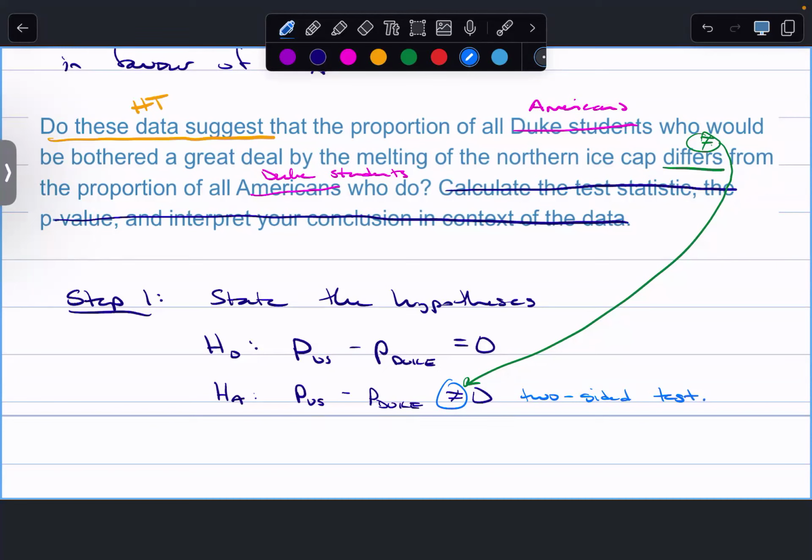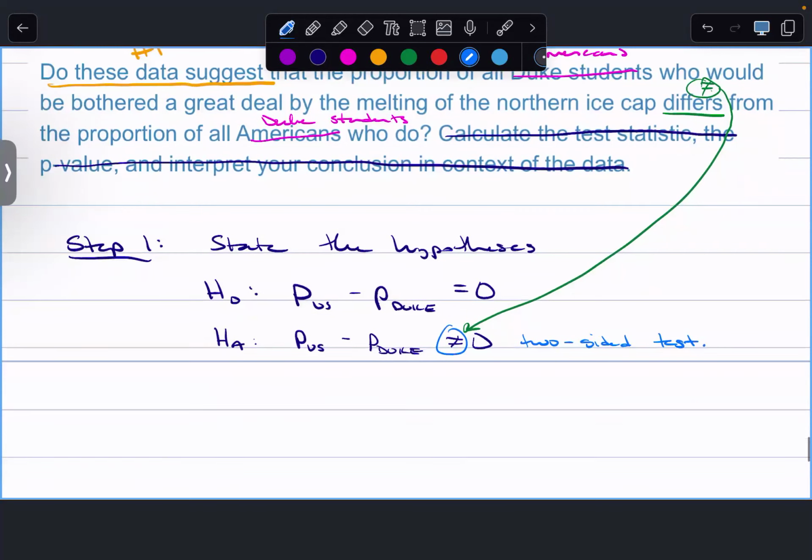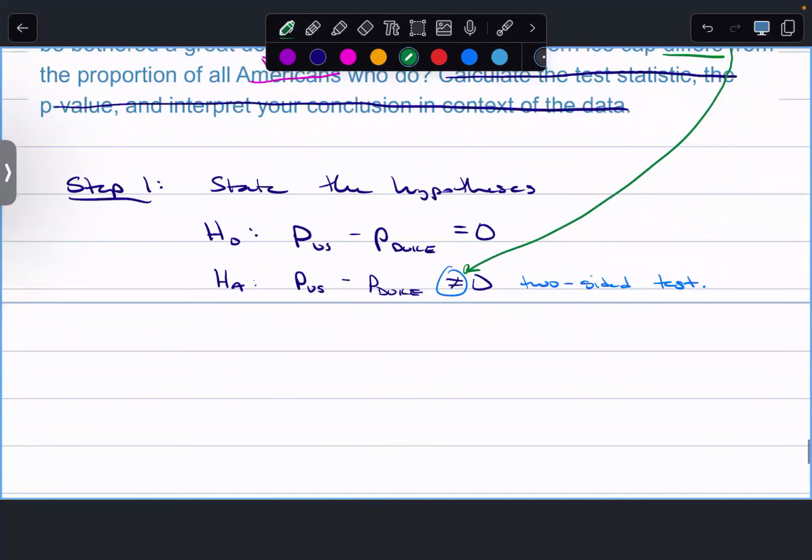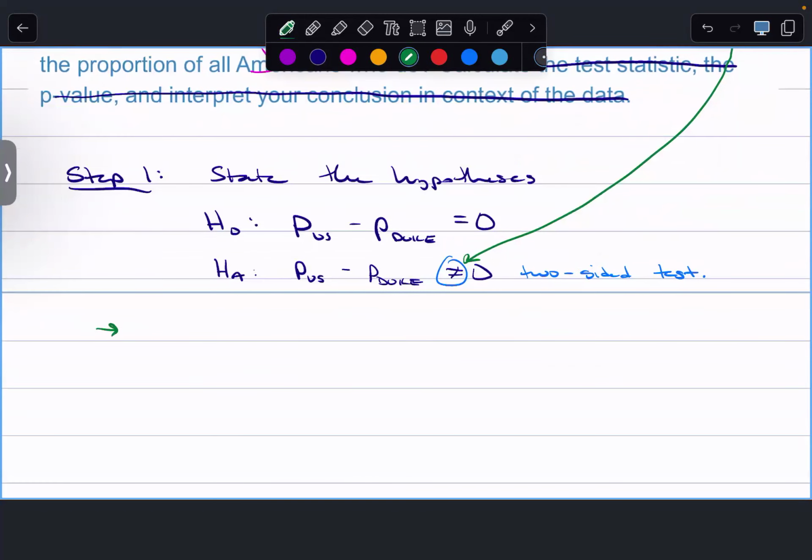There's a disconnect because we don't use that until step 3, right? And so that's hard to remember. But that's why I write myself a little note. So this is where we would check the conditions, which I haven't introduced yet.